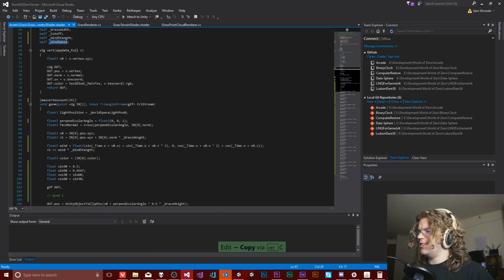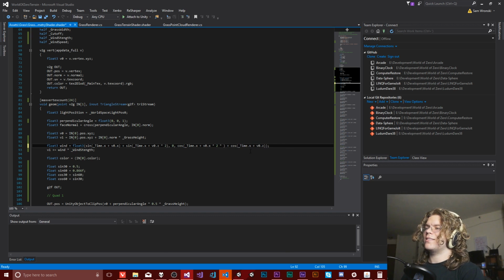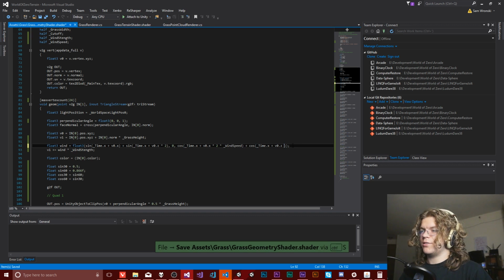So let's see here. All of this, we actually want to move inside of our signs. So the period is going to be based off of the wind speed times or plus a few other things. And I may not want to do it this way.